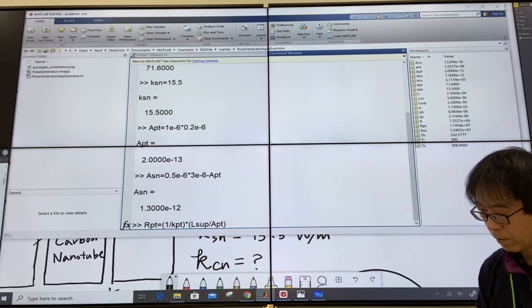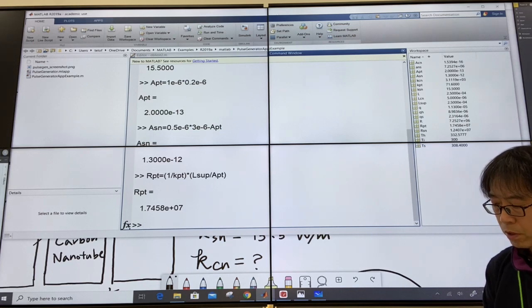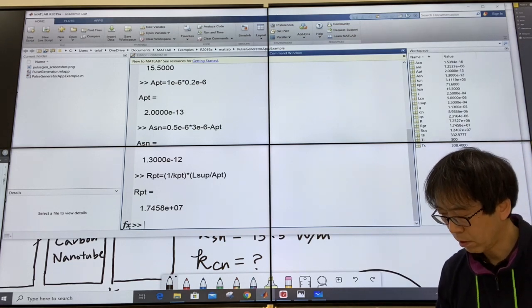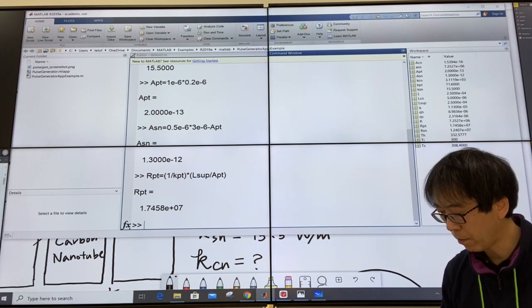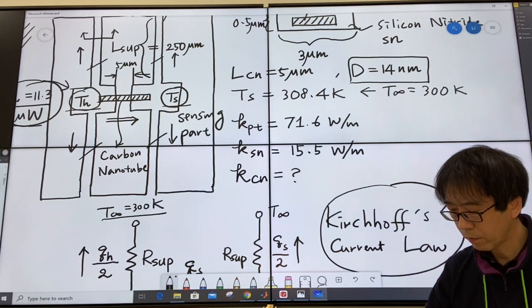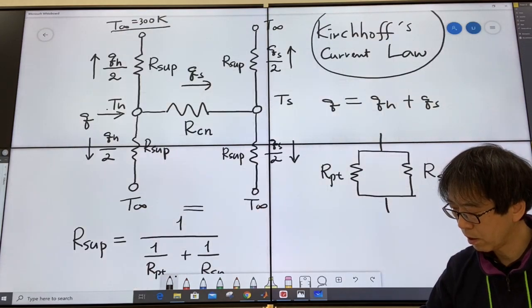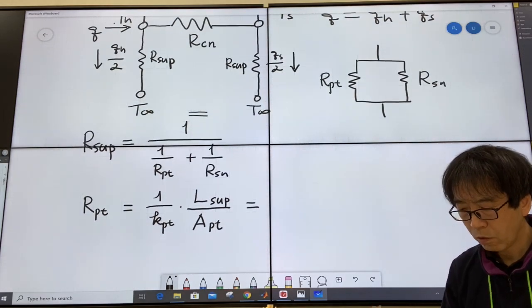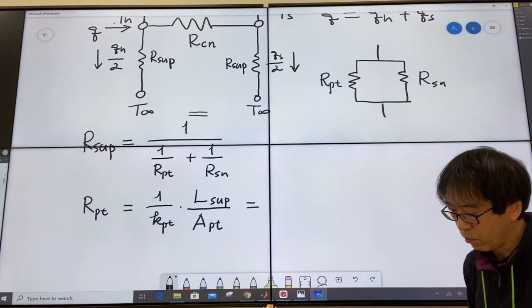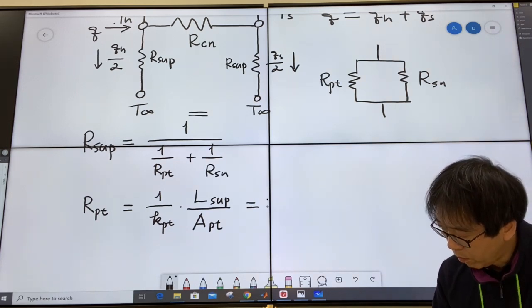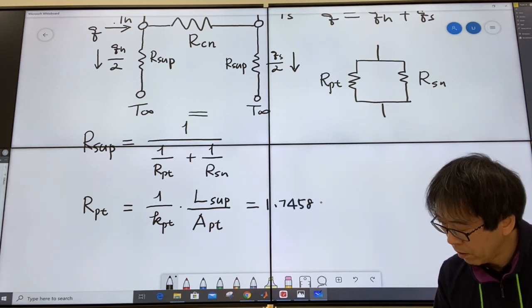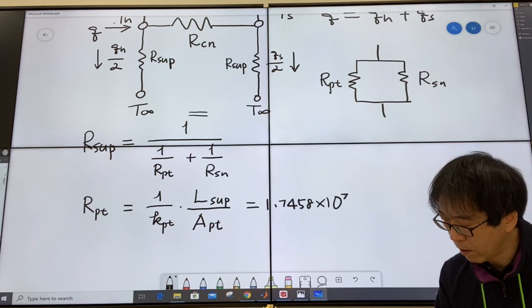And what is it? That's 1.7458 times 10 to the 7th power. I'm going to write it down. It's going to be 1.7458 times 10 to the 7th.